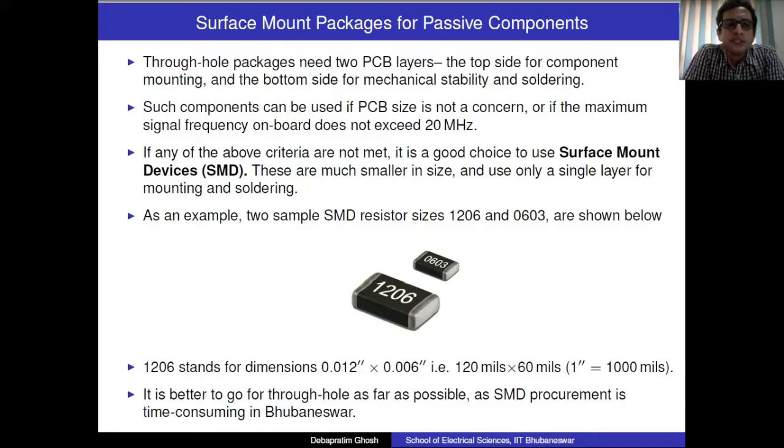Now, such components can be used if PCB size is not a concern. That means you have ample space for the components to be mounted. Or, now the second point is very important, if the signals in your circuit board have a frequency that generally should not exceed 20 or 30 megahertz. Why?